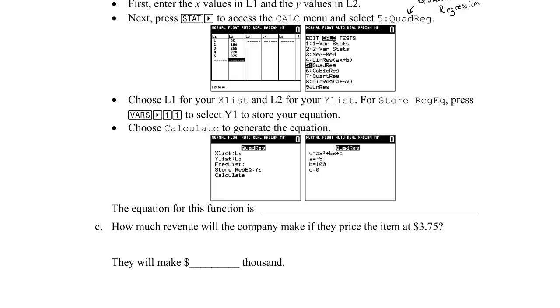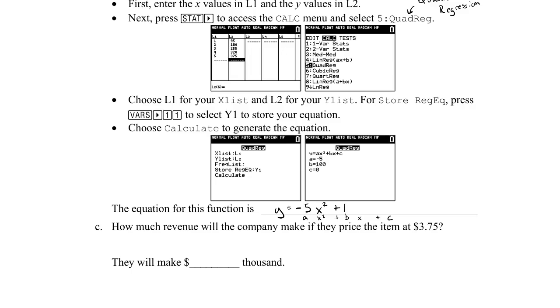In the screenshot, we see we have the form of the equation, y equals ax squared plus bx plus c. Our a is negative 5, so we have negative 5x squared.